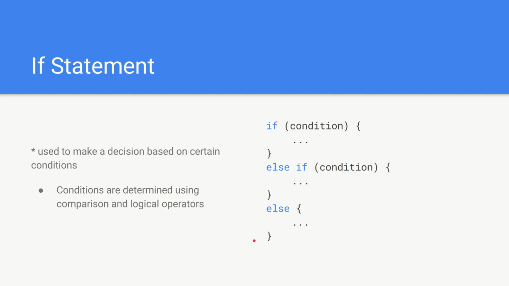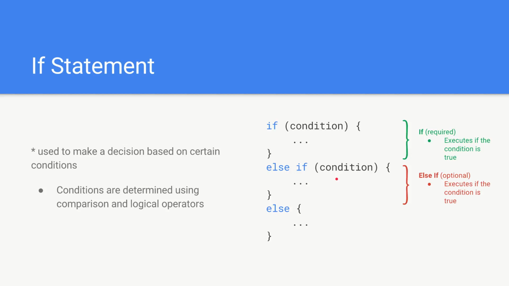So let us take a look at the syntax of an if statement. As you can see, the if statement has three sections. An if block, which is required and will execute if this condition is true; an else if block, which is optional, and you only need it if you have multiple choices that you can choose between, and this will execute if the condition here is true.